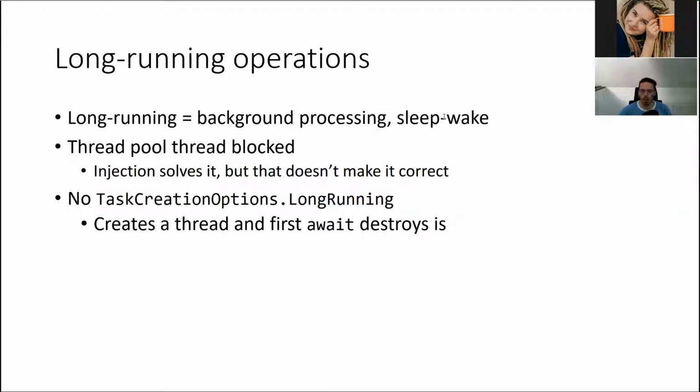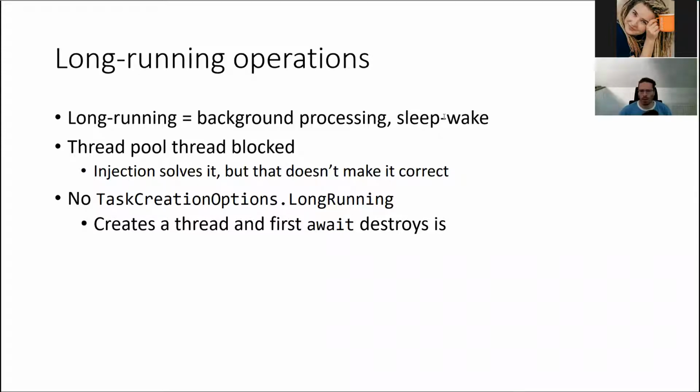That's why it's also called context switching. So that's not a solution. It will work because the system is trying really hard to fix it, but it doesn't make it any good. So again, you can do the task, and if you look around the task, you might find the TaskCreationOptions enum, and there's one option in this enum that's called LongRunning.